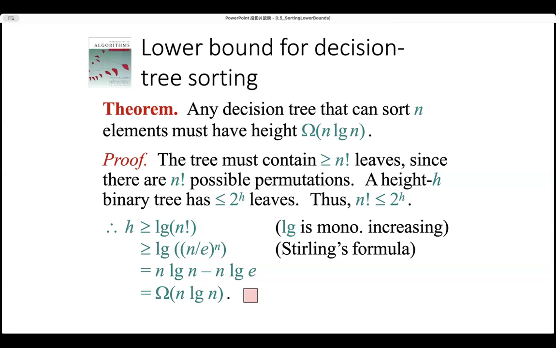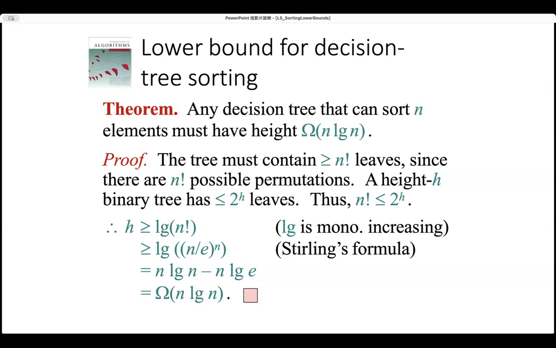Because each leaf node represents one particular sequence order. Why do we use greater or equal? Because for every possible sequence, you must have at least one leaf node to represent that, right?